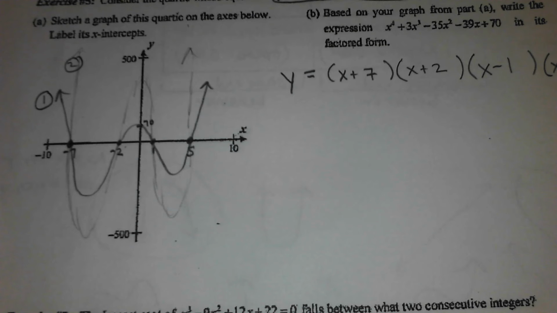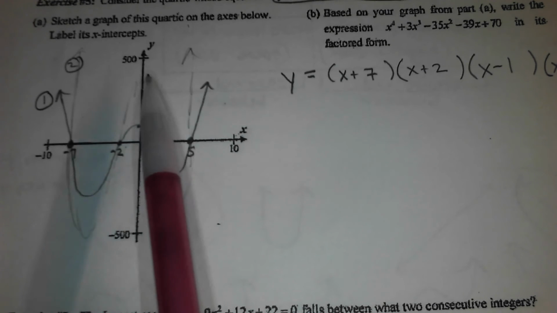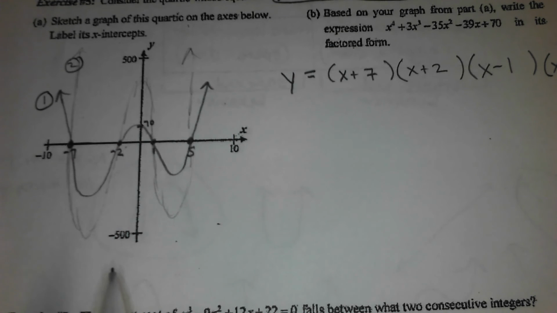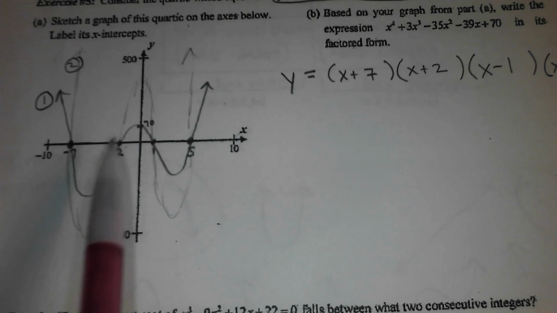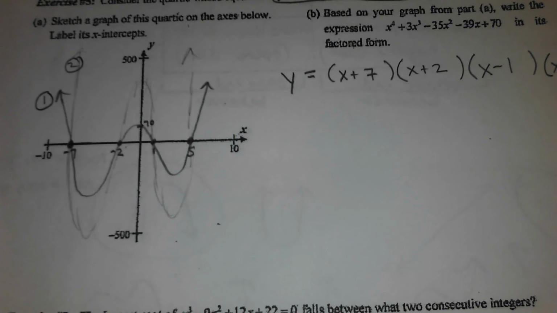The y-intercept got, yeah, that's one of many things that's different. But what transformation would get you from graph number 1 to graph number 2? Vertical or horizontal, that kind of thing. A what? Vertical stretch, right?